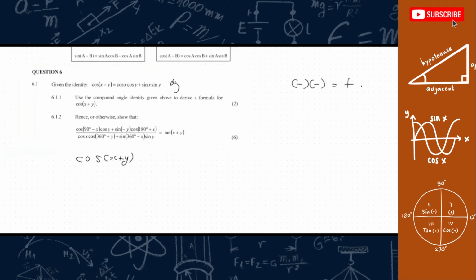So we would just change this to cos of x minus a negative y. And we can just follow the expansion that they have over here, where we have cos of x multiplied by cos of negative y plus sine of x multiplied by sine of negative y.